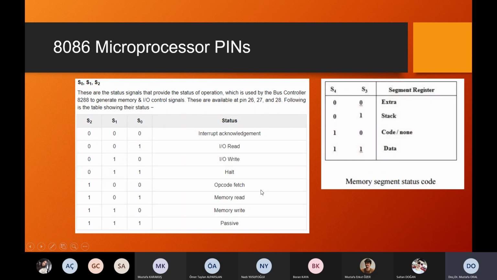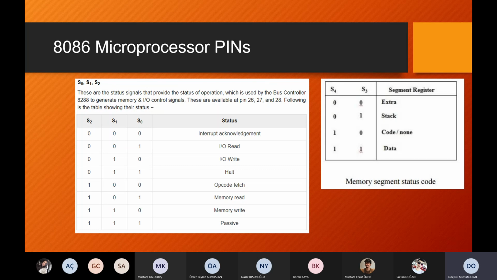And how about S0, S1, and S2? These signal to the outer devices what the microprocessor is dealing with. For example, 001 means the microprocessor is now reading from an input-output device.